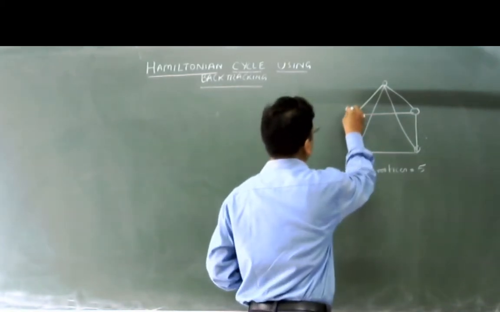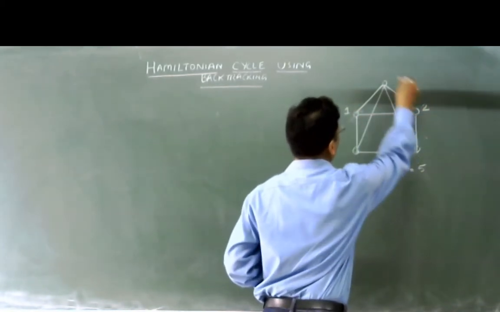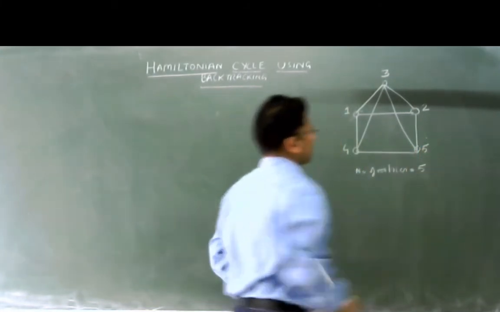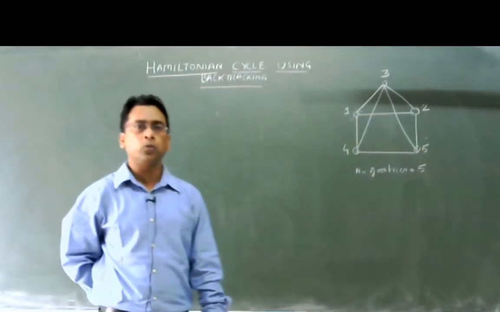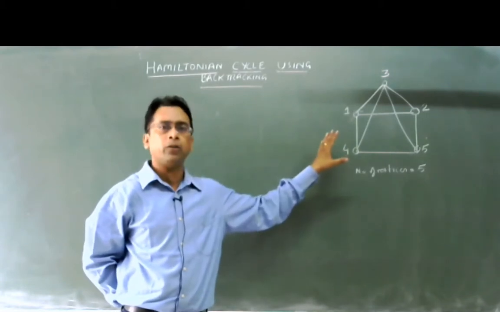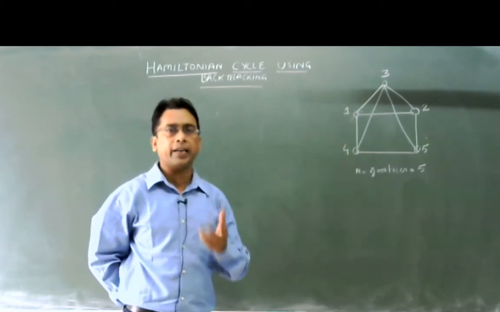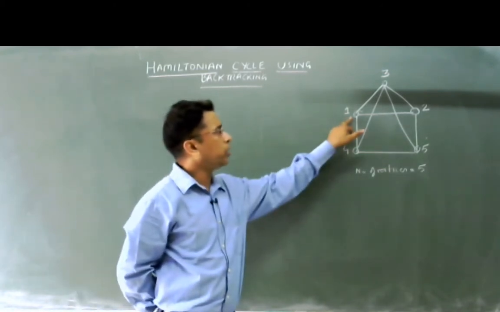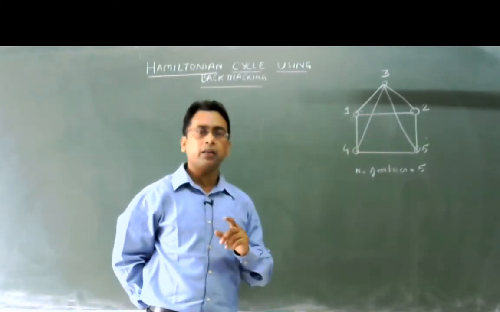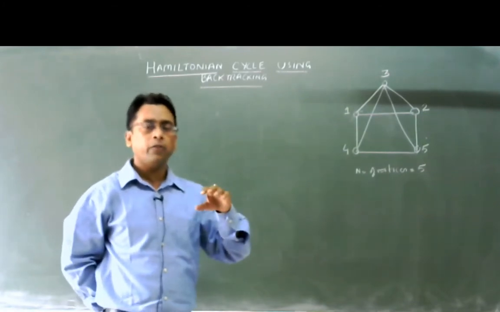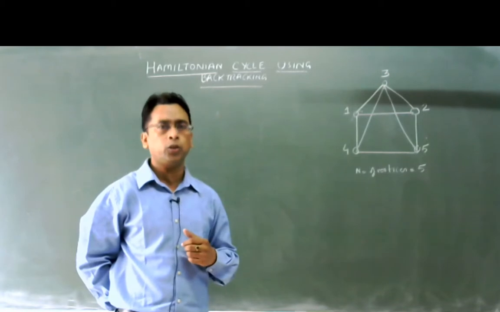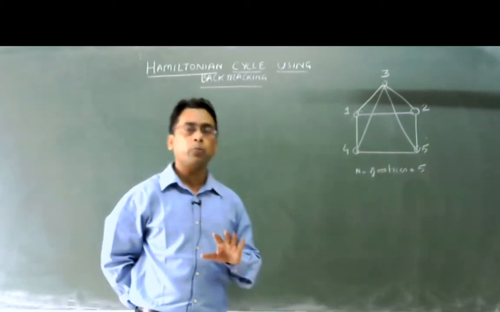To differentiate all these points from each other, I am using indexing. Suppose I assign numbers 1, 2, 3, 4 and 5 respectively to all these nodes. You may assign them in any order, but you have to create the cycle. Suppose I take node number 1 and then I follow the topological order. What do you mean by topological order?